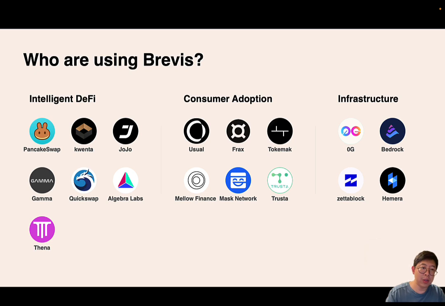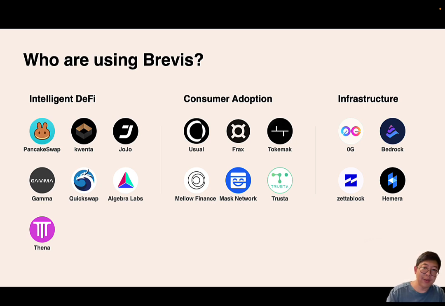There are also use cases such as active liquidity management, where you can trust-freely rebalance the liquidity across multiple different DEXs and lending pools based on on-chain historical data insights, so that you can build a fully trust-free on-chain hedge fund using Brevis as well.